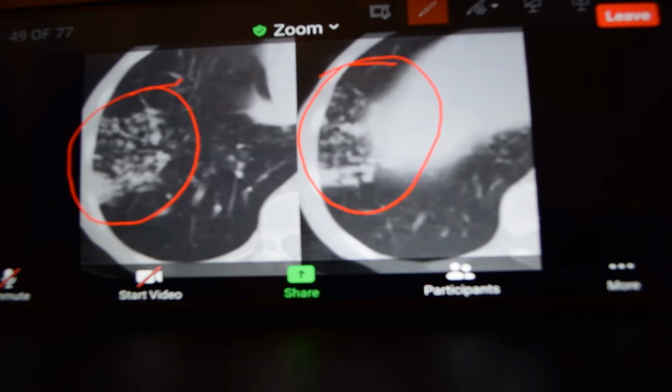They are slightly larger, exactly. Great, well done. These are airspace nodules. They also form the tree in bud pattern, and they are slightly larger than the typical centrilobular nodules, and they are seen in tuberculosis, infectious bronchiolitis, and diffuse bronchiolitis. Very good. So this is tree in bud appearance.